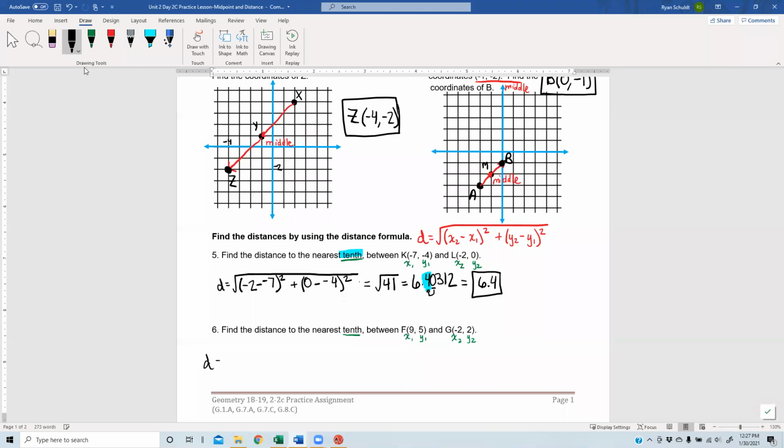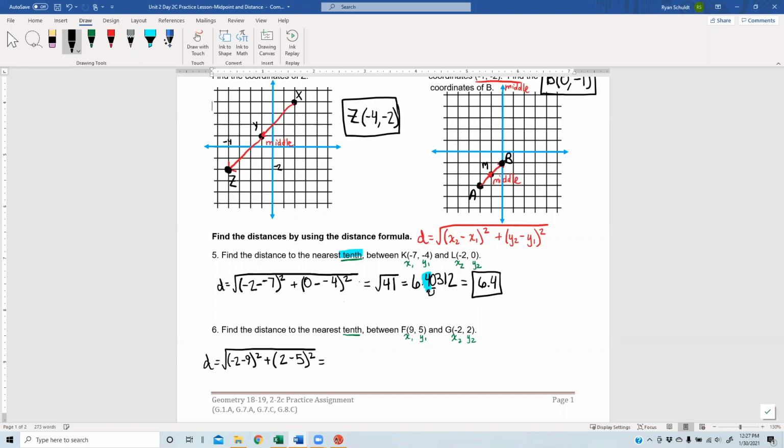Now it's time I plug in. So x2 is -2 minus 9 squared plus 2 minus 5 squared.